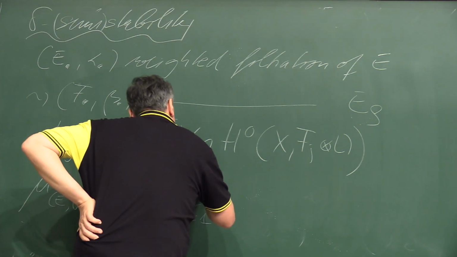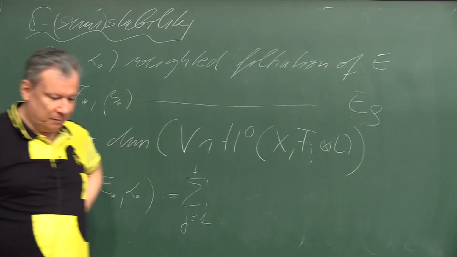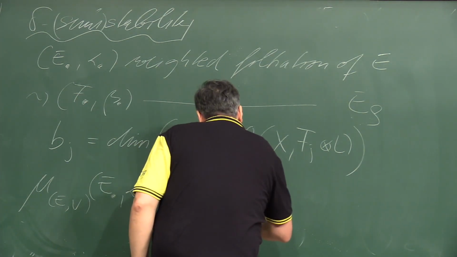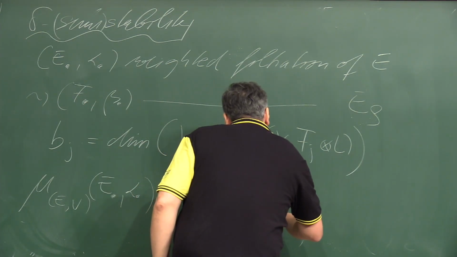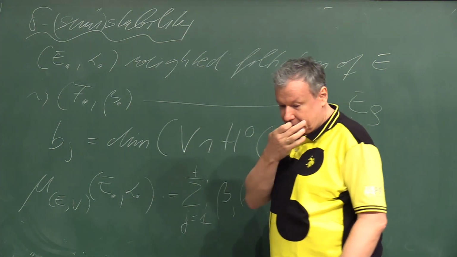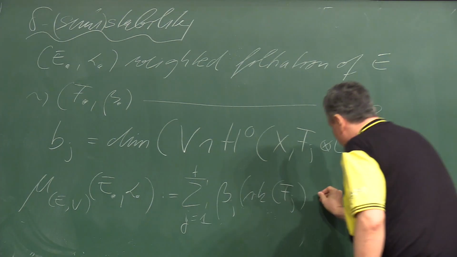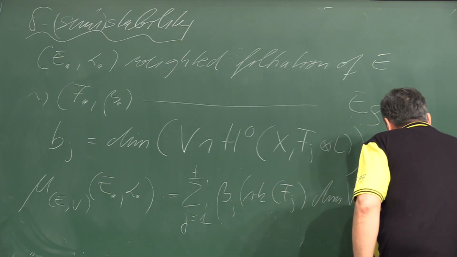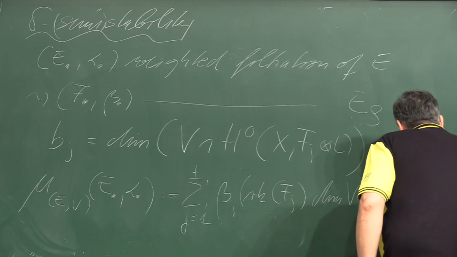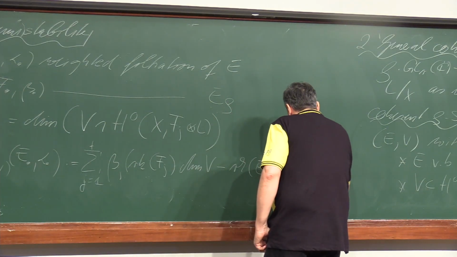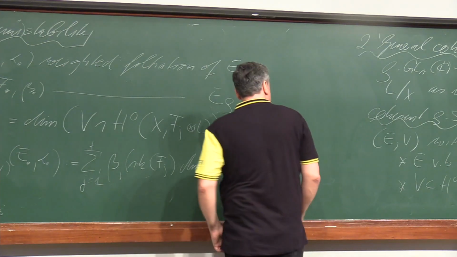So now I have some j from 1 to some t, and I have beta_j times the rank of F_j times the dimension of V, minus the rank of E rho, so the dimension of A, times this beta_j.